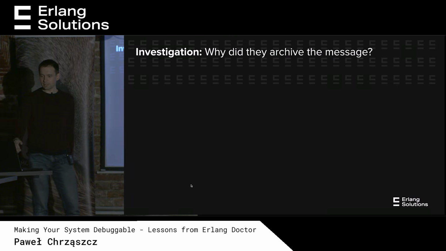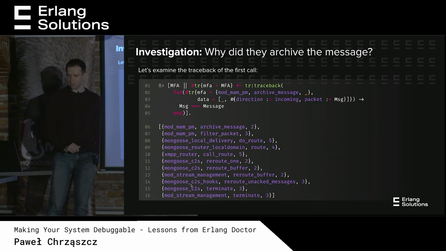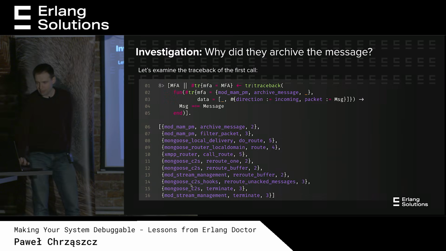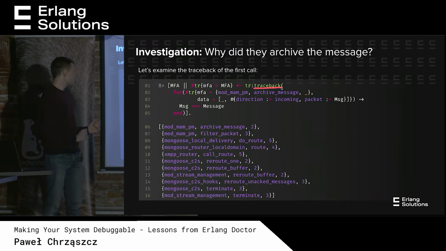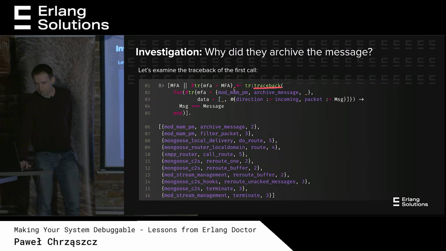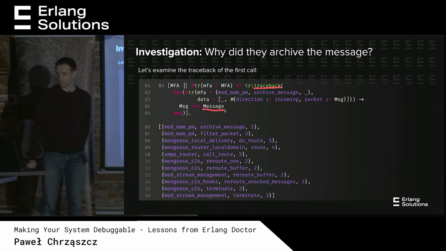So why did those processes archive the message? Well, what I'm doing here is using yet another function of Erlang Doctor, which is traceback. This will give me a traceback of the first function call for which the function returns true, like a predicate, and we are interested in this message.